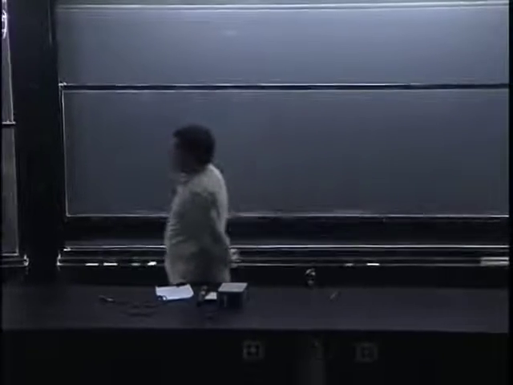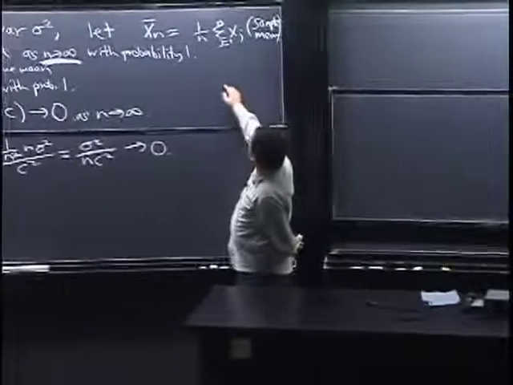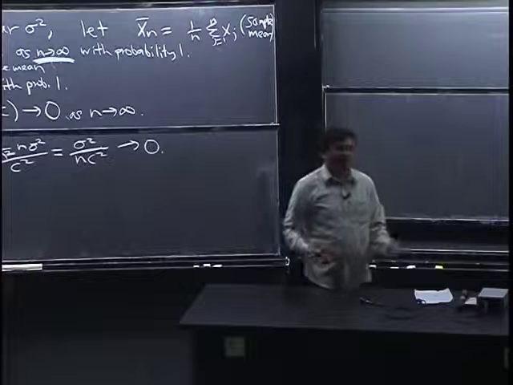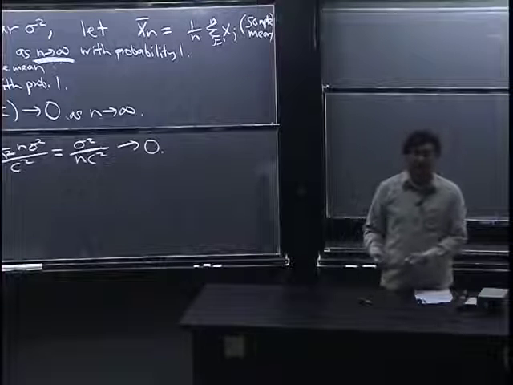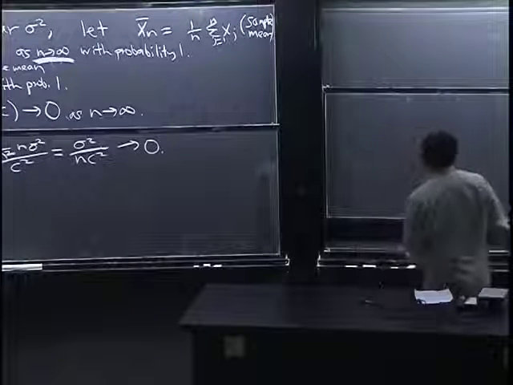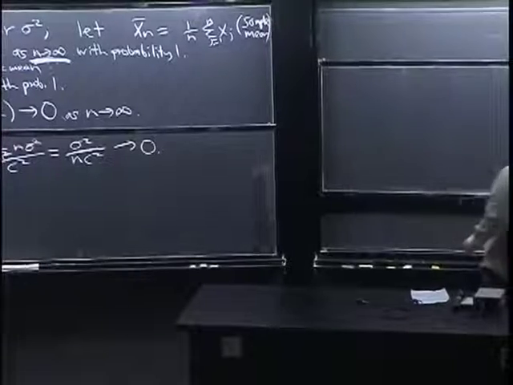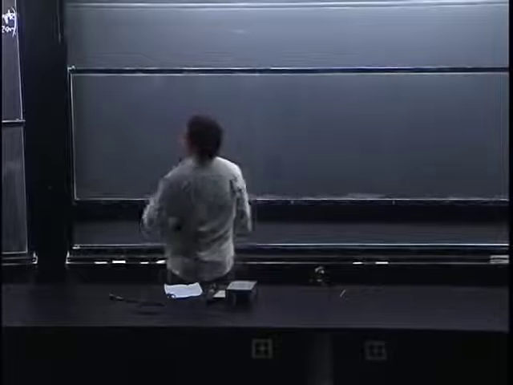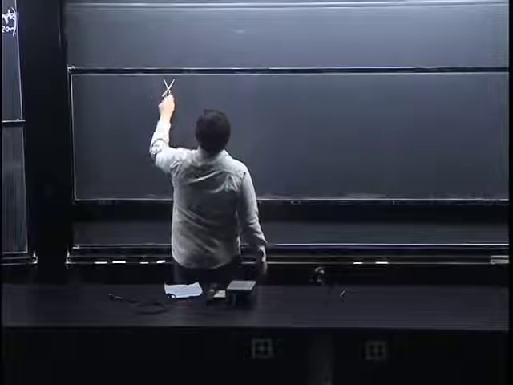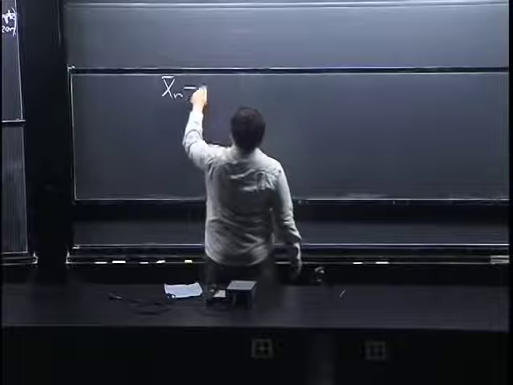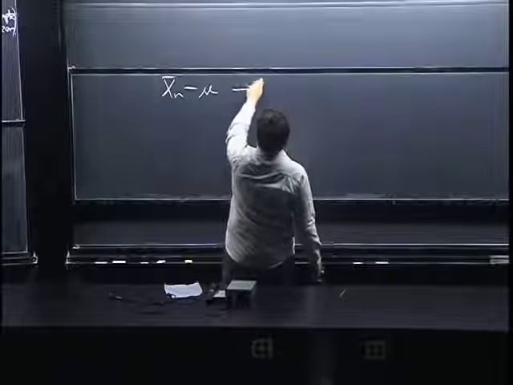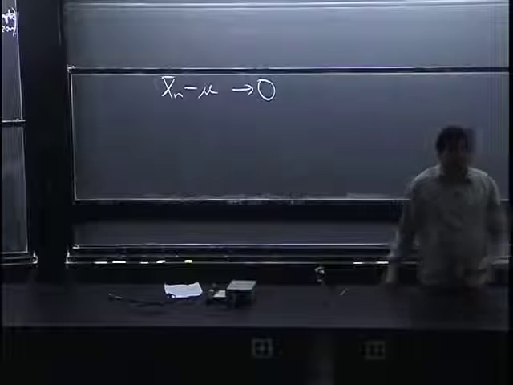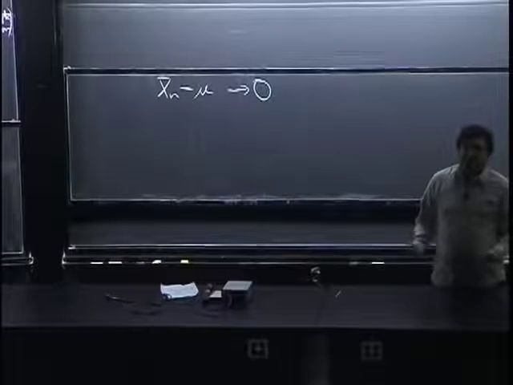Okay, so that tells us what happens pointwise when we average a bunch of IID random variables and it converges to the mean. So let me just rewrite that statement, and then we'll write the central limit theorem and compare them. Another way to write what we just showed is that Xn bar minus mu goes to 0 as n goes to infinity, which is a good thing to know.